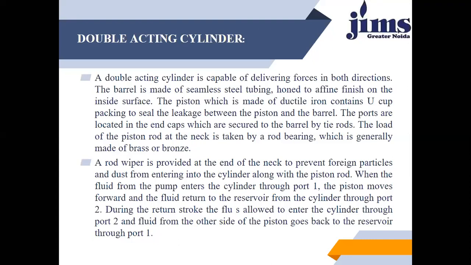The ports are located in the end cap, which is secured to the barrel by tie rods. The load of the piston rod at the neck is taken by a rod bearing, which is generally made of brass or bronze.